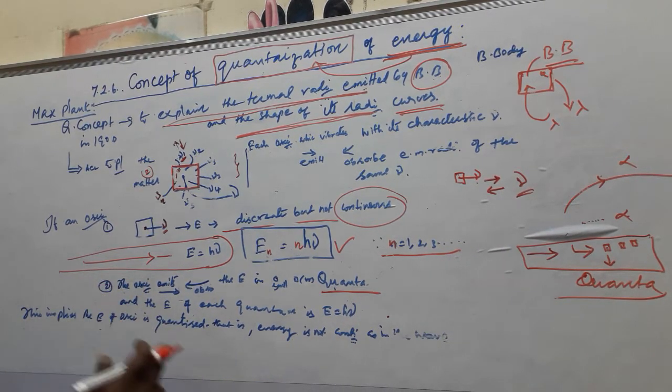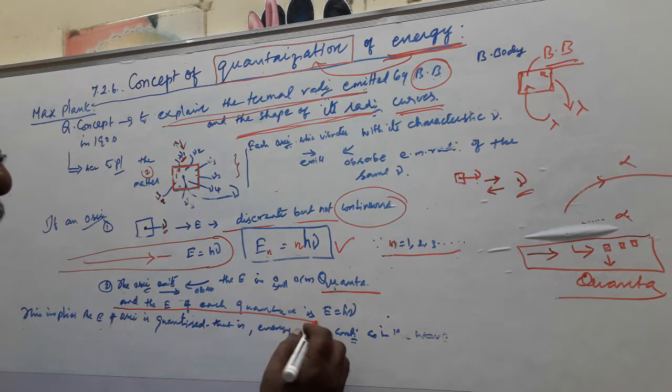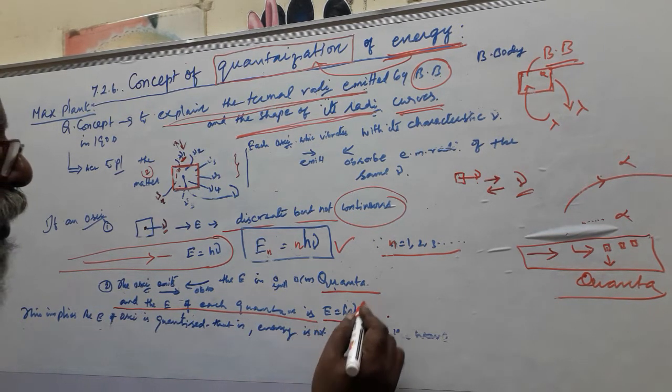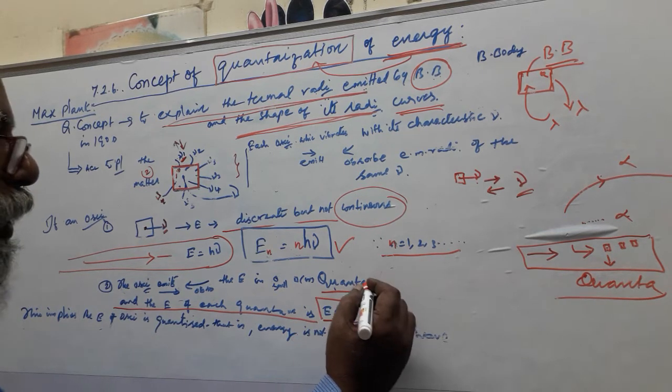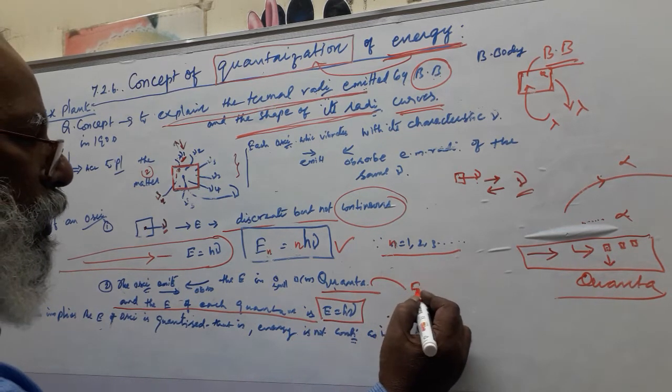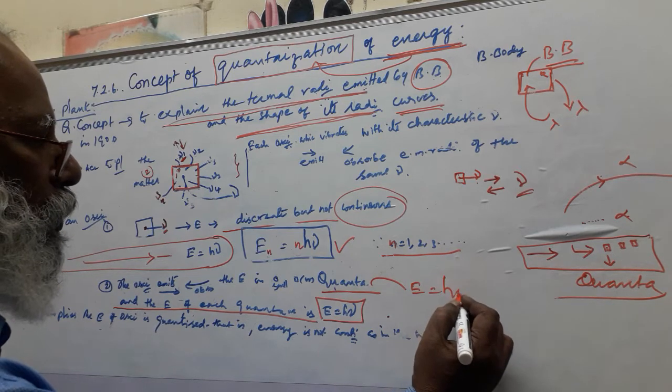And the energy of the quanta is equal to E equal to h nu. The equation for the quanta is nothing but E equal to h nu.